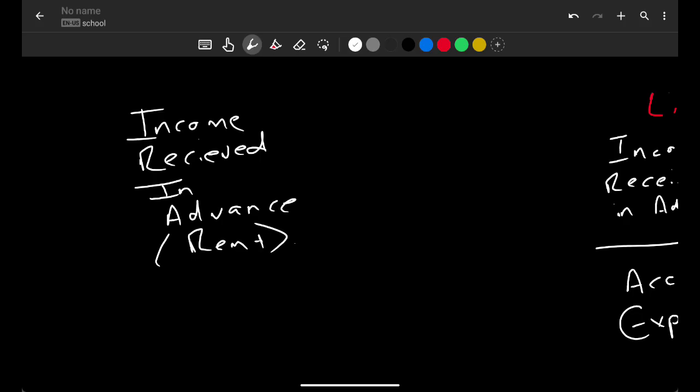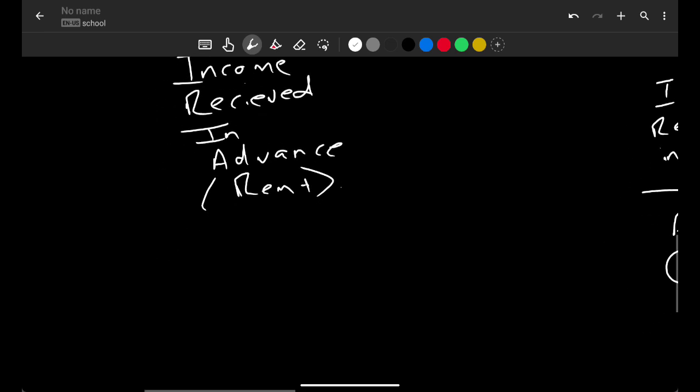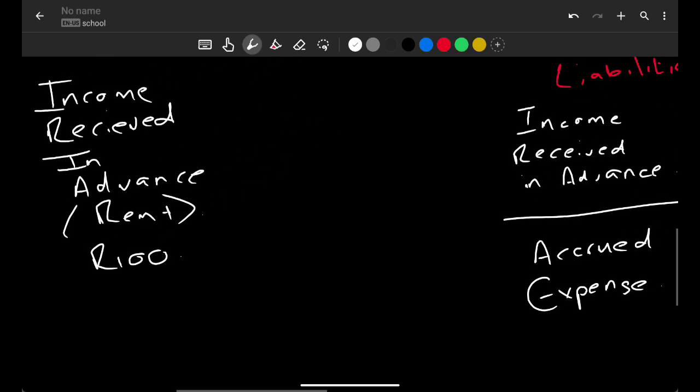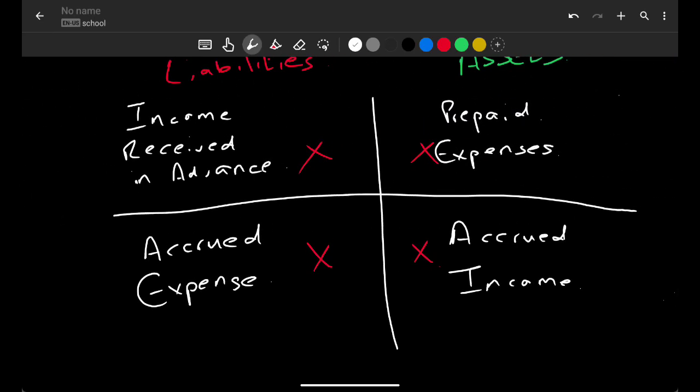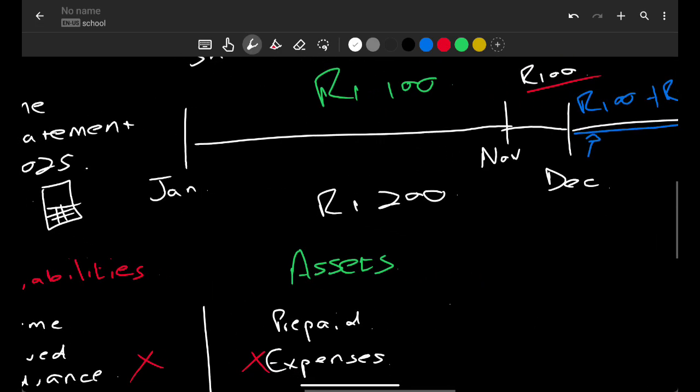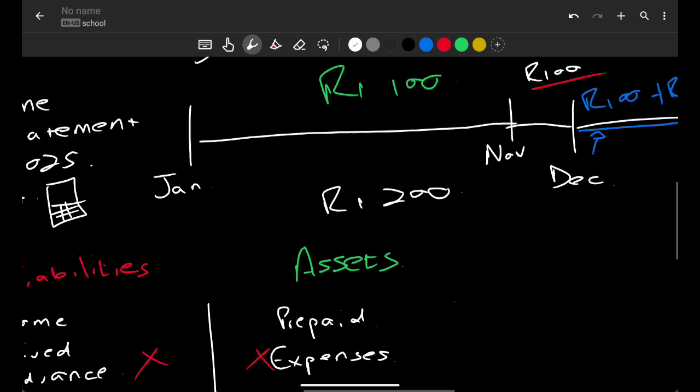You charge rent to the people who are renting out your place from the building that you have, right? You charge them a monthly rent. We're going to make this simple and say you charge them 100 Rand every month, right? So remember, these four accounts arise from the problem that we don't meet in the income statement, right? There's always an issue in the income statement.